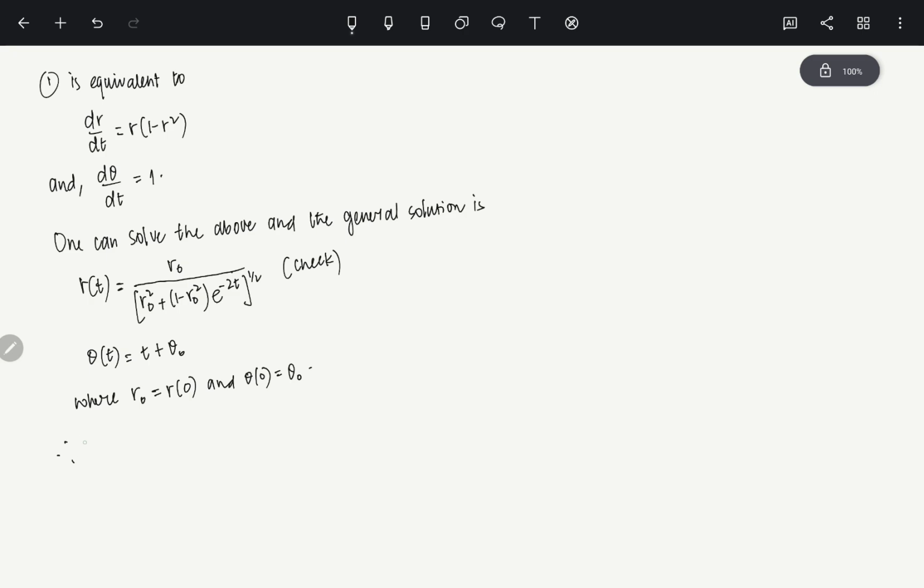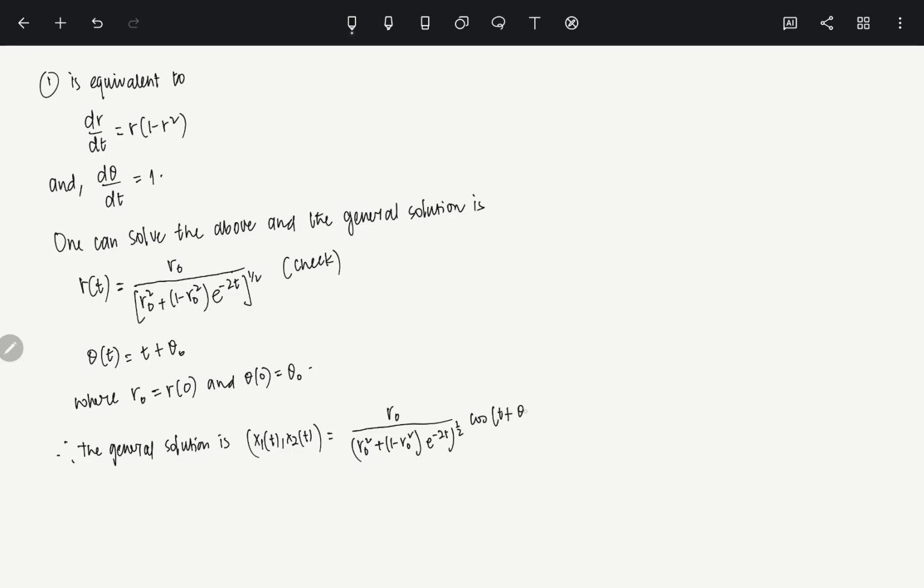So therefore the general solution of 1, how does it look like in terms of x1 and x2? x1 of t, x2 of t, that's your solution, right? Let me write it this way. See, this is nothing but r naught by (r naught square plus (1 minus r naught square) e power minus 2t) whole power half, and then cosine of t plus theta 0.